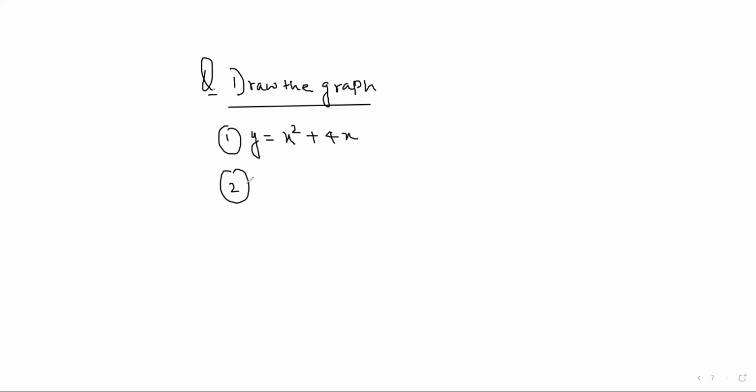Second is y is equal to 2x square plus 3x plus 4. Y is equal to x minus 4 into 5 minus x.